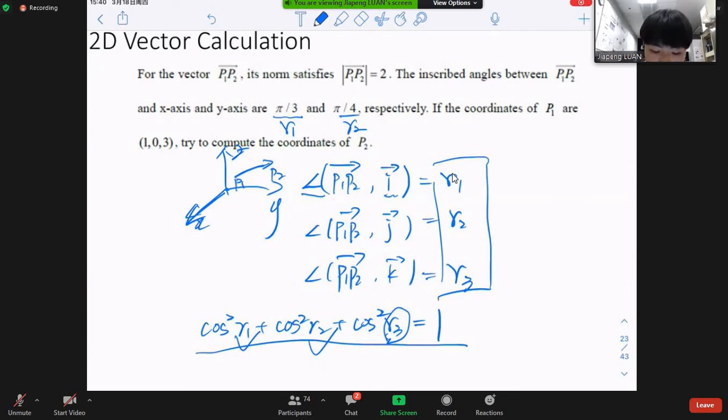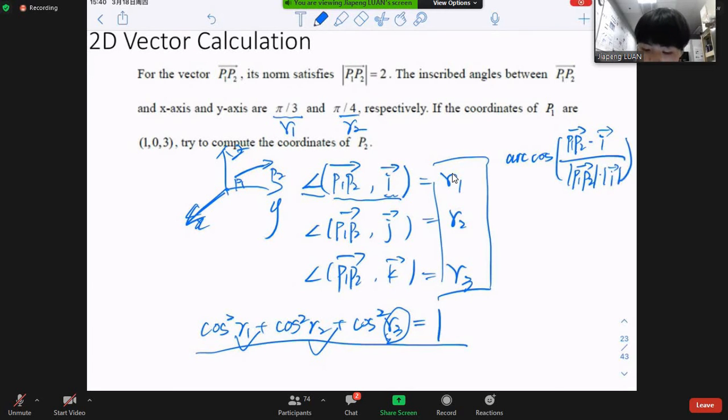So the angle is actually arc cosine of P1P2 dot I over P1P2 norm and I norm, right?